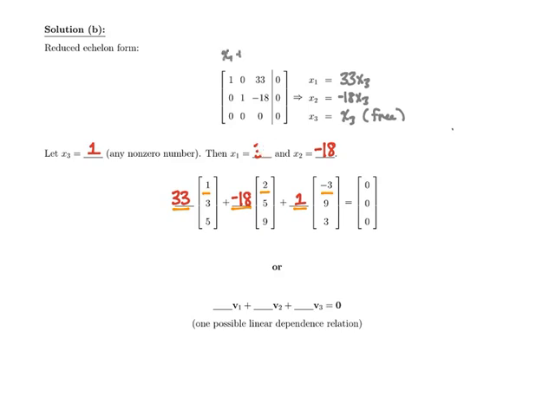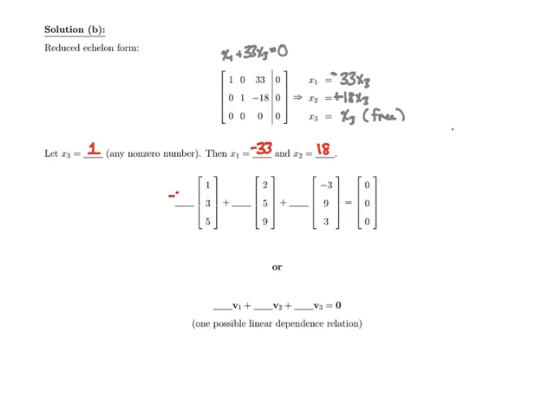Here we have x1 plus 33x3 is equal to 0. So that means that x1 is equal to negative 33x3, and x2 is equal to positive 18x3. So if we redo this, we can still let x3 equal 1, but in this case, x1 would be negative 33, and x2 would be positive 18.